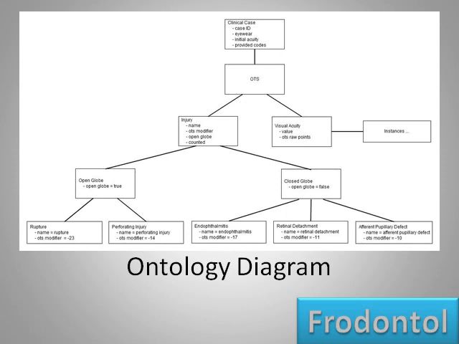Each clinical case is associated with an ocular trauma score, and an ocular trauma score is comprised of an injury and a visual acuity. Injuries can be either open globe or closed globe, and specific instances of these injuries in the ocular trauma ontology are rupture, perforating injury, endophthalmitis, retinal detachment, and afferent pupillary defect.